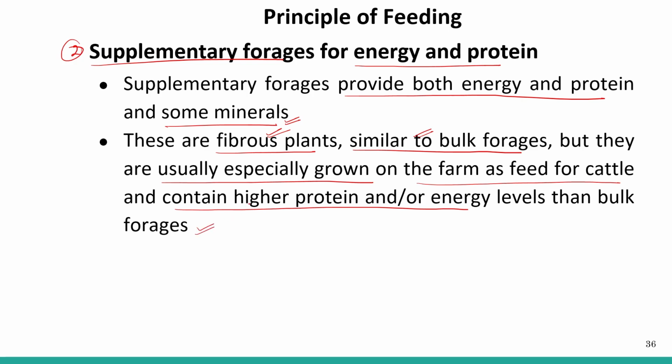The bulk forage contains fibers, but not much protein or energy-providing nutrients. But the supplementary forage contains lots of fibers along with higher protein and energy-providing nutrients.